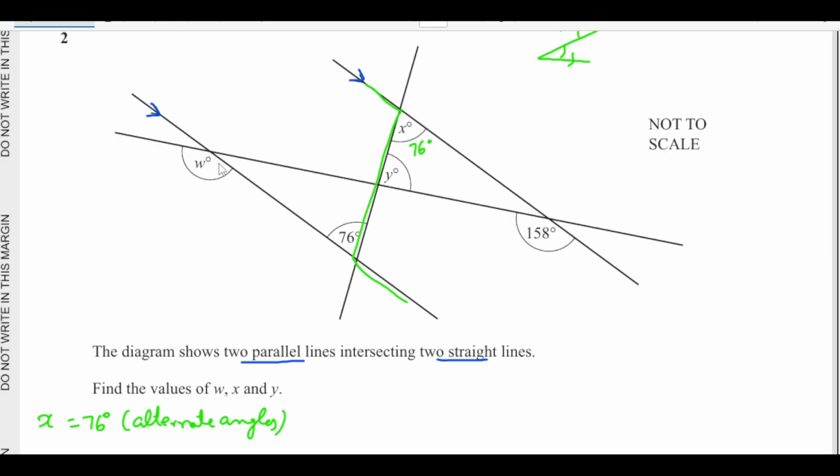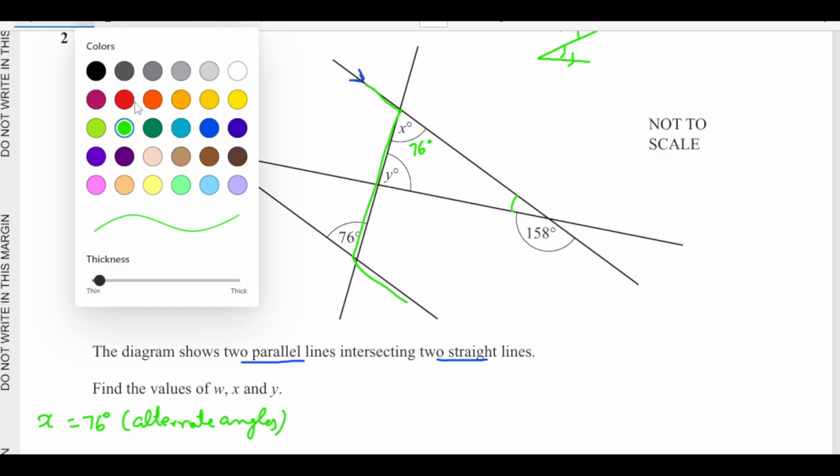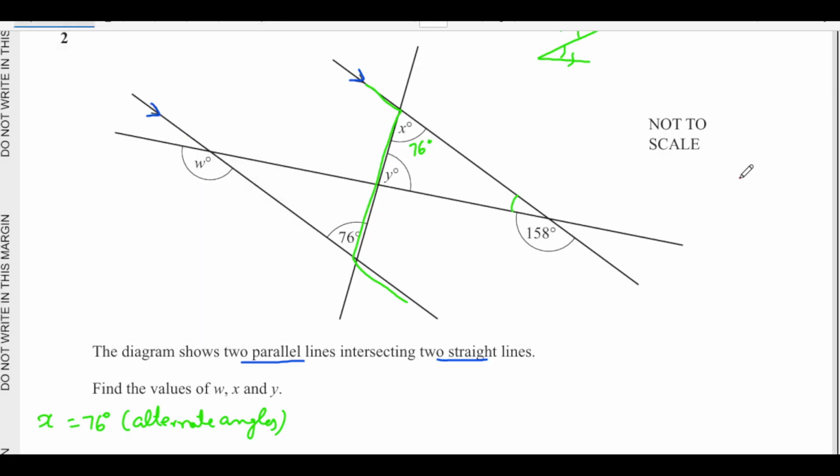Here we have 76, and this angle is 158. So this is going to be 180 minus 158, which is 22. So this angle we got here is 22.